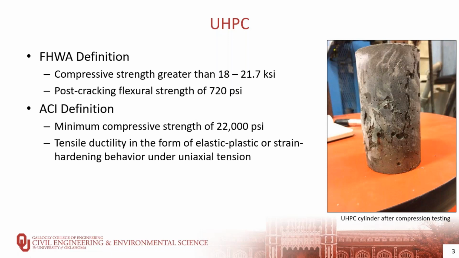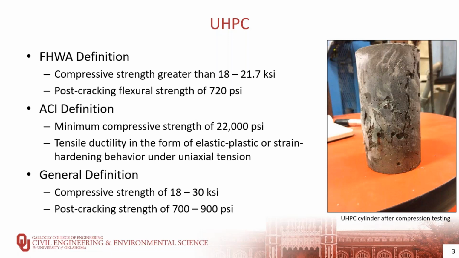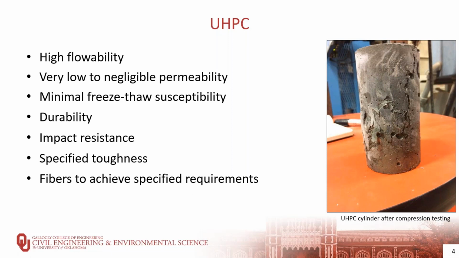France and Canada include different classifications of UHPC based on its compressive strength, but we can put as a general definition that we're looking at a material with a compressive strength of between 18 and 30,000 PSI, a post-cracking tensile strength in the range of 700 to 900 PSI, and a number of other superior properties such as high flowability, very low to negligible permeability, minimum freeze-thaw susceptibility, all leading to a very high durability, a high impact resistance, flexural toughness, and then those properties being achieved by fibers, either steel or otherwise.